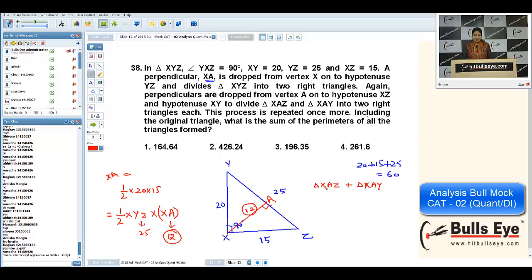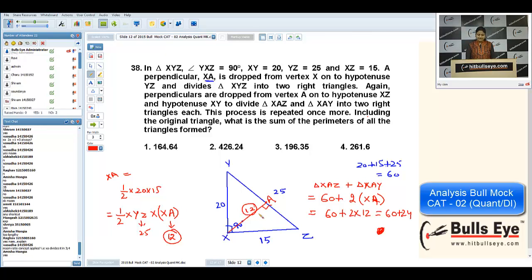The perimeter of these will be nothing but the original triangle plus twice XA, since XA is counted twice in the case of both triangles. So it will be 60 plus 2 into 12, that is 60 plus 24. I'm stopping here only because I have to apply the ratio. Can you say this, all of you?